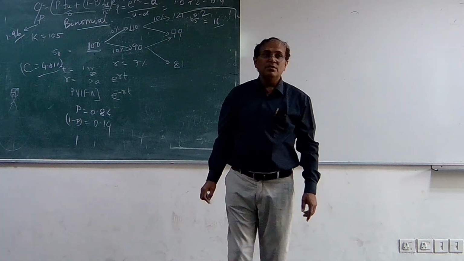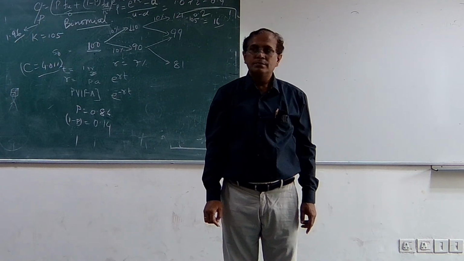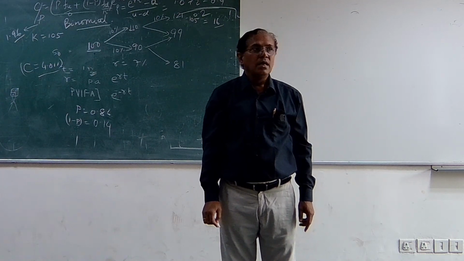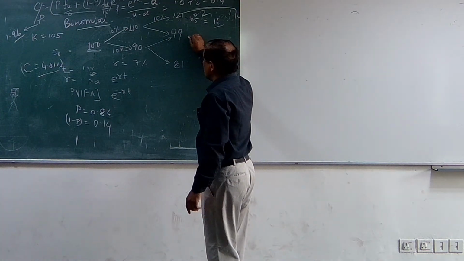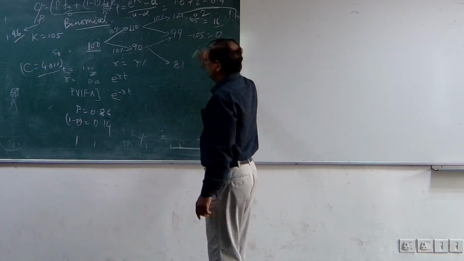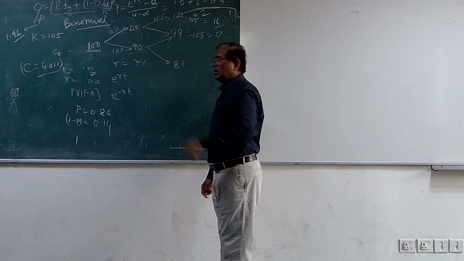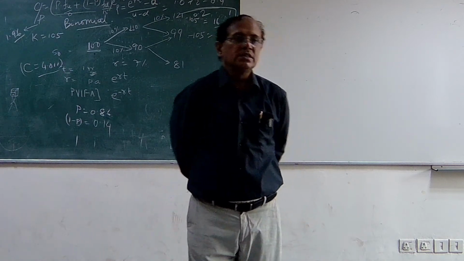So your FU is 16. Clear? What will be the FD value? 99 minus 105? 0.